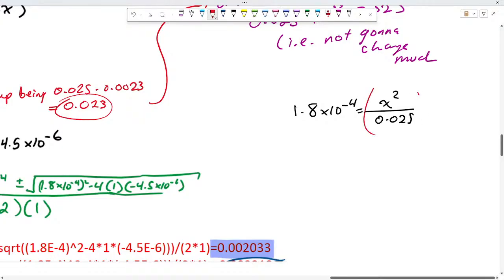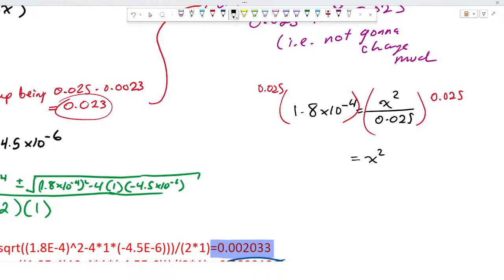Then what could I have done? I could have just multiplied this side by 0.025, multiply this side by 0.025, right? Can somebody do that for me? Get your calculator.